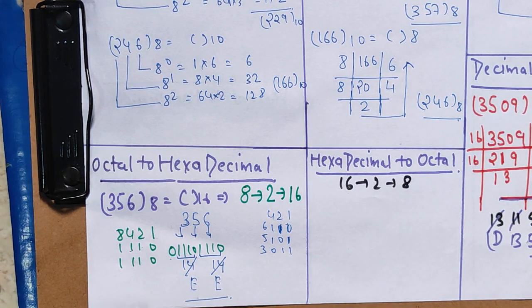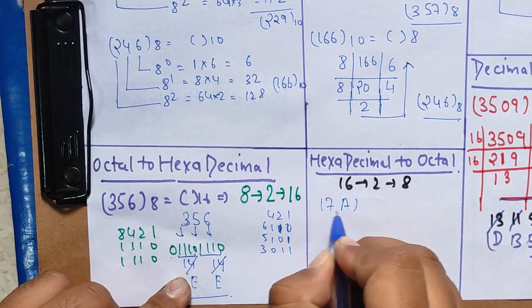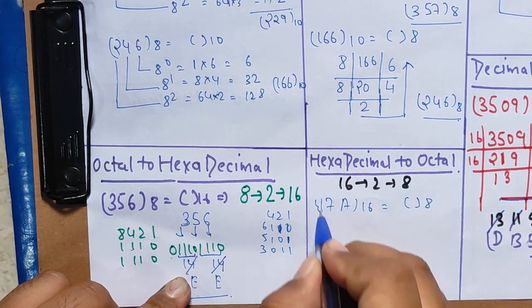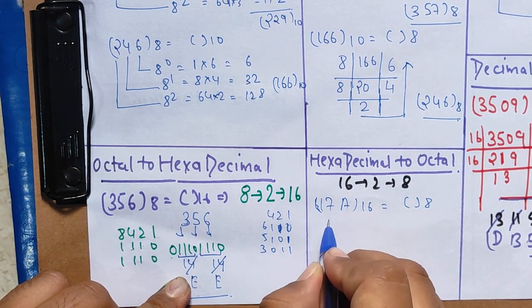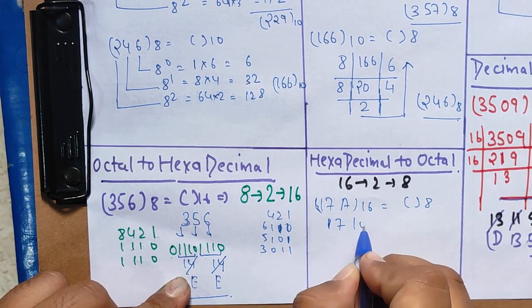Okay. Our question is 17A in base 16 and I will convert it into octal. Okay, so 17A, A is 10, so I will write 10 here.